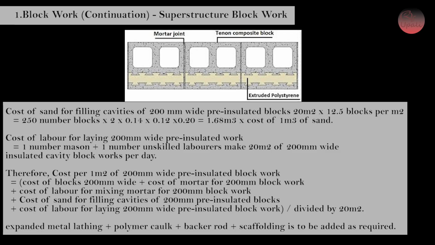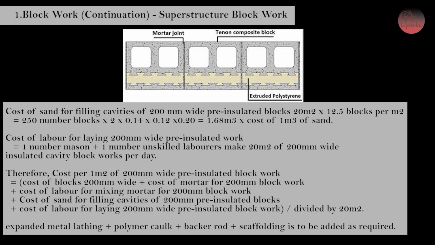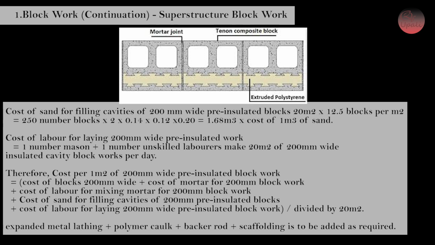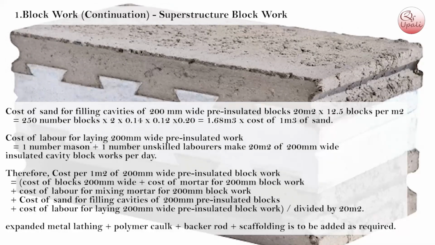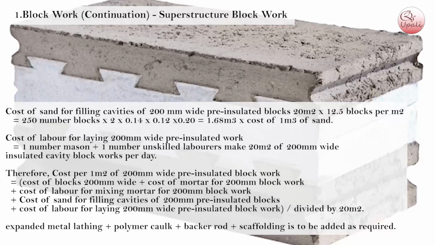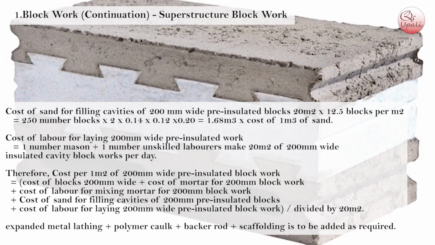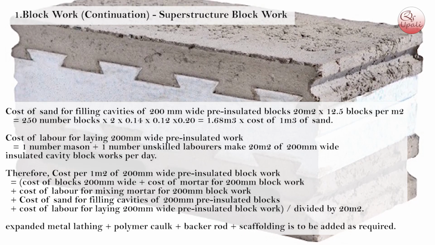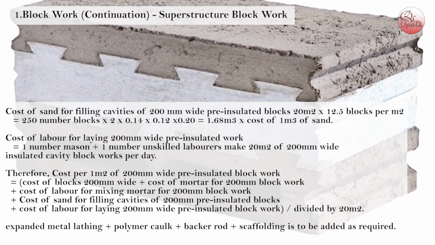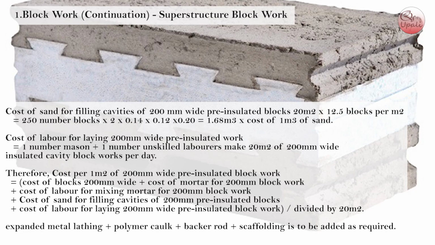Therefore, cost per 1 m² of 200 mm wide pre-insulated block work equals cost of blocks 200 mm wide plus cost of mortar for 200 mm block work plus cost of labor for mixing mortar plus cost of sand for filling cavities of 200 mm pre-insulated blocks plus cost of labor for laying 200 mm wide pre-insulated block work, divided by 20 m². Expanded metal lathing plus polymer caulk plus backer rod plus scaffolding is to be added as required.